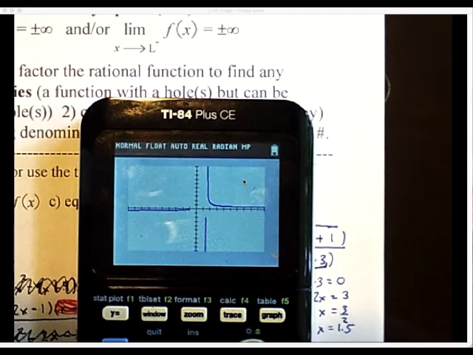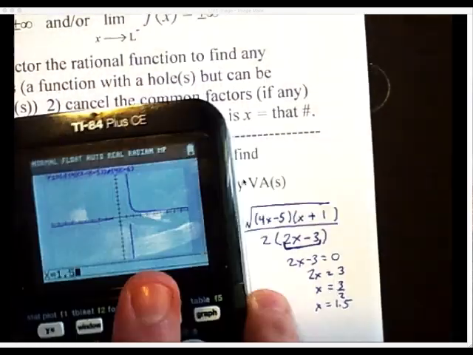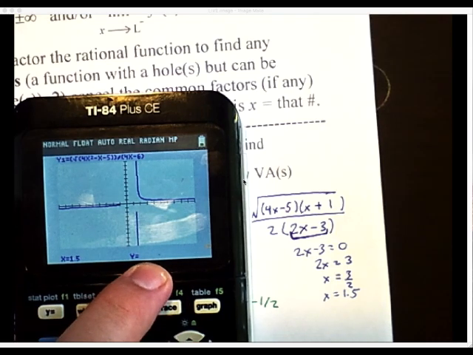Now, if I type in 1.5, a way I can kind of see if I'm on the right track, if I hit enter, it should not give me a y value. Because if I plug in 1.5 here, it would make the denominator 0. So I'm going to hit enter, and that's good. That's good news. Okay, it doesn't give me a y value.